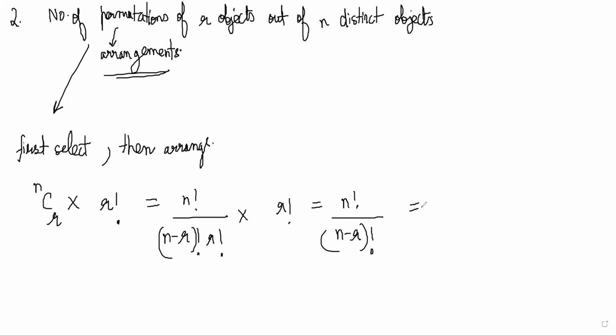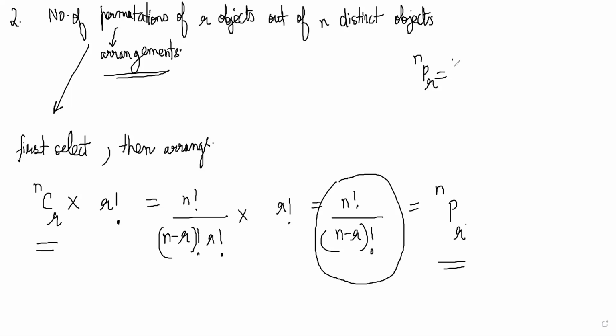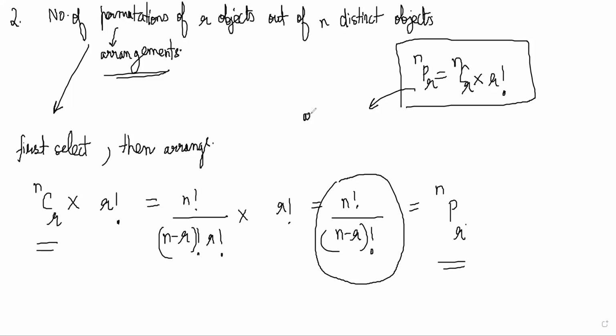This quantity is sometimes written as NPR. NPR is always greater than NCR, obviously, because NPR is equal to NCR into R factorial. The idea is that this is arrangements of R things out of N different things.